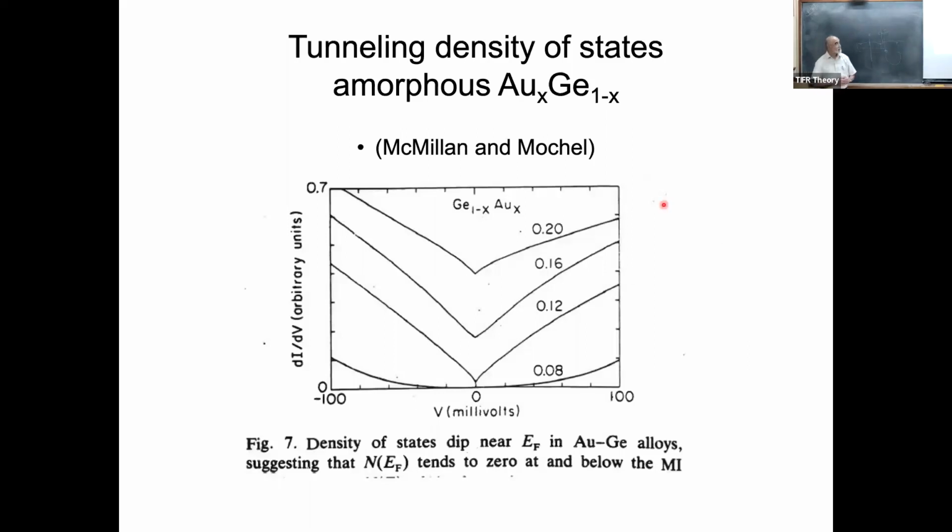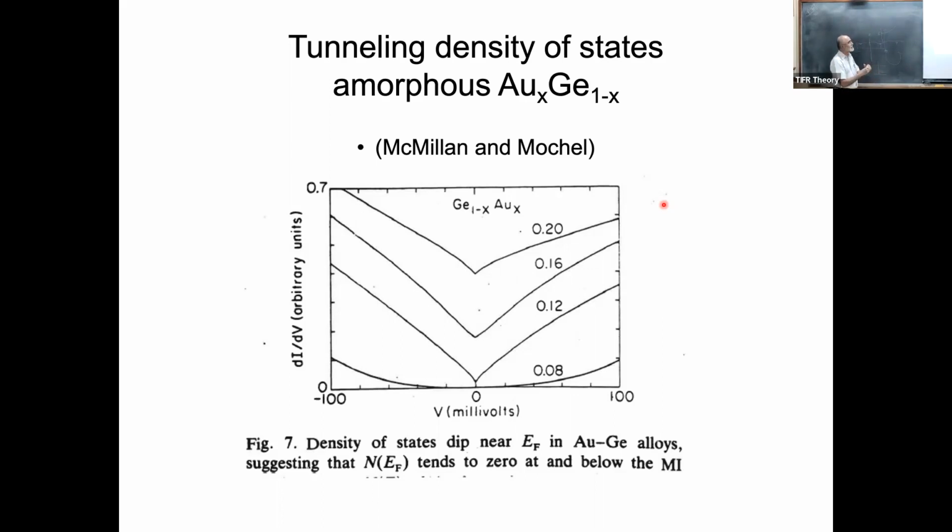At the same time, as I said, McMillan and Jack Moschel at Illinois looked not at the conductivity, but at the tunneling density of states for gold germanium. What they found was that near the Fermi level, there was a dip in the tunneling density of states. If you have a metal, you should be getting a density of states which is constant.